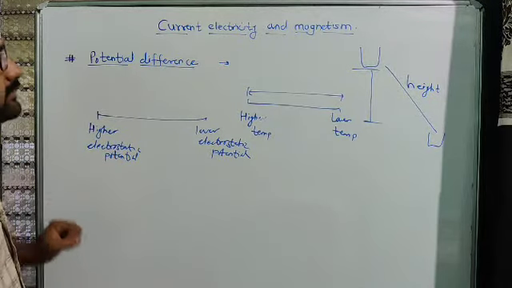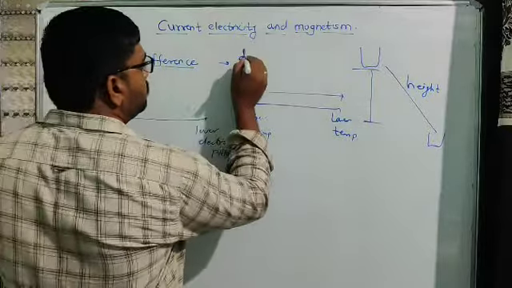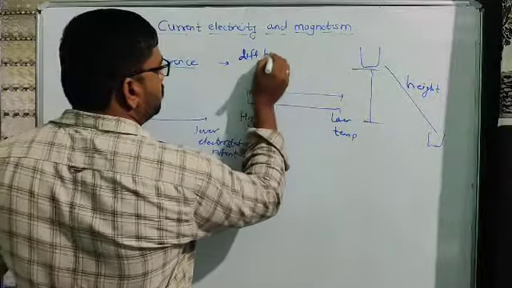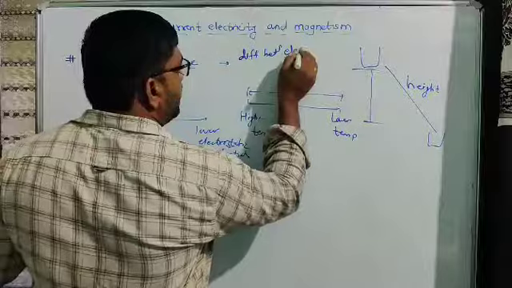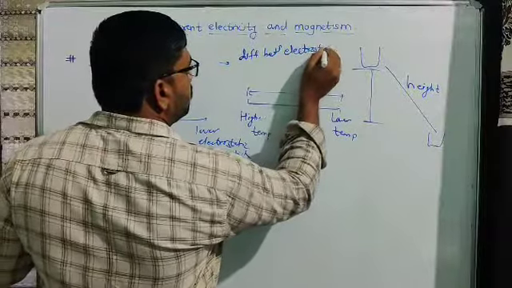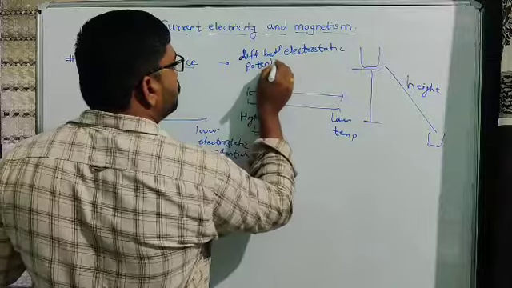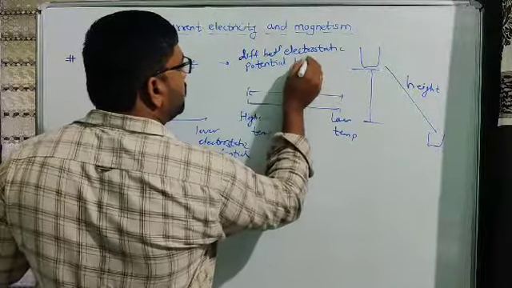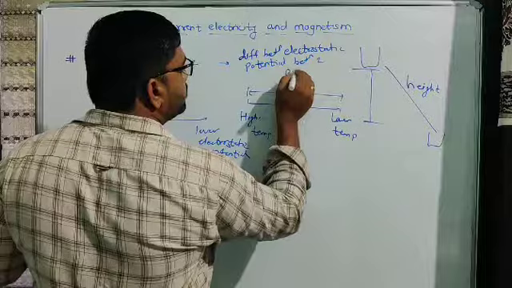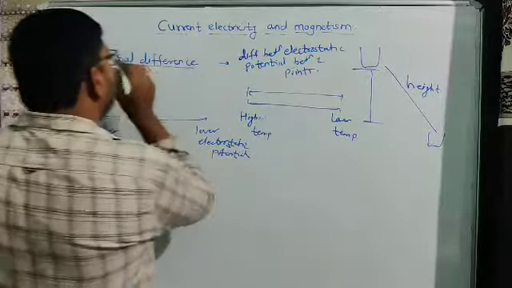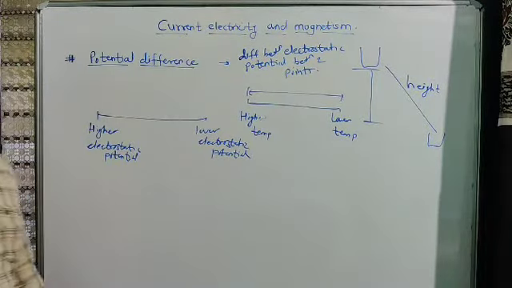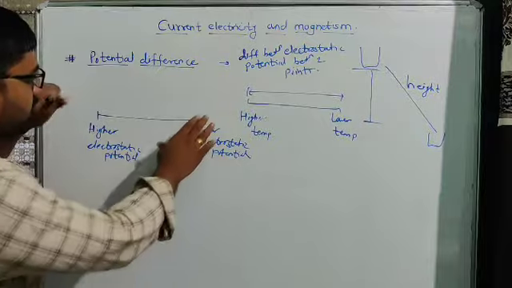The difference between electrostatic potential between two points is simply called a potential difference.